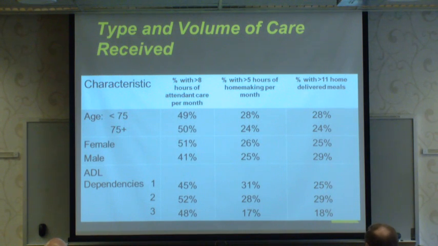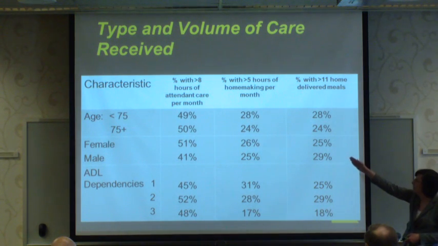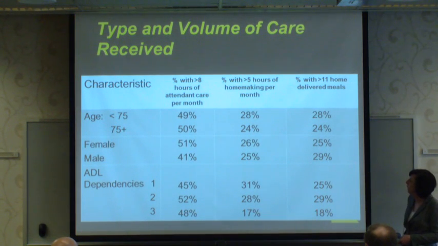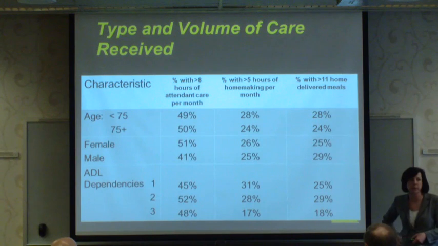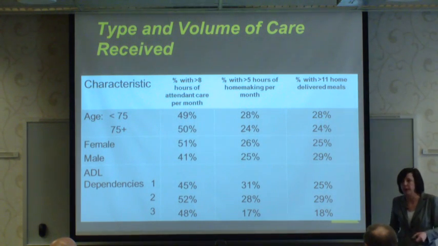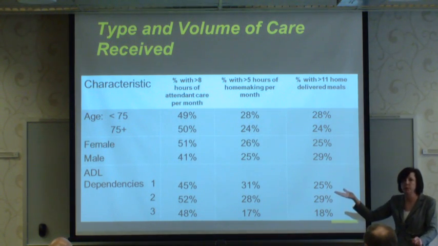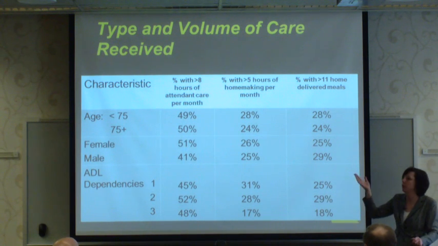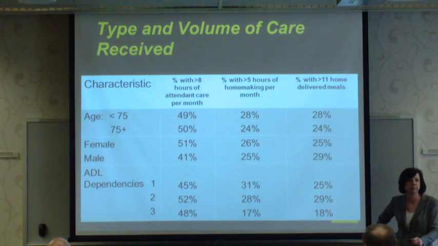All right, so again, these are older adults, and I just wanted to show you what was happening. Now, if we go to the second column from the left, it says the percent with greater than 8 hours of attendant care per month. So I'm going to do the math. 8 hours per month, that's about 2 hours a week.